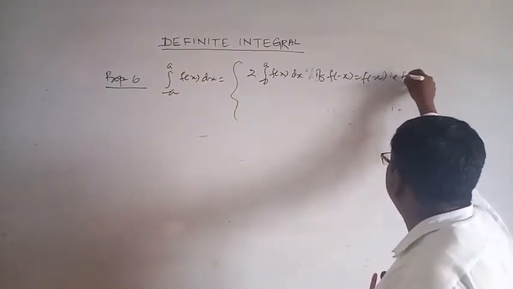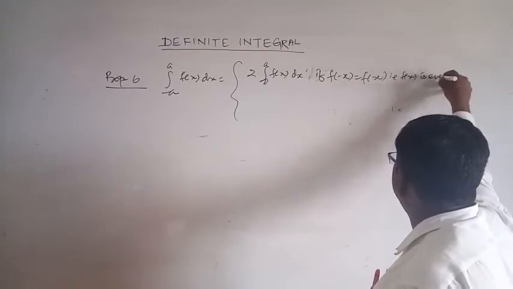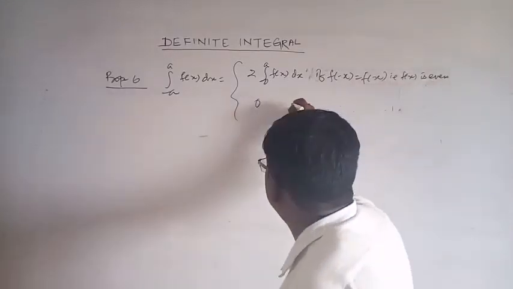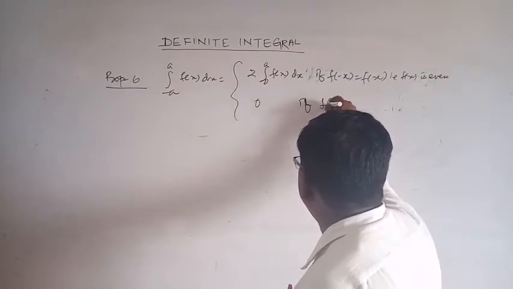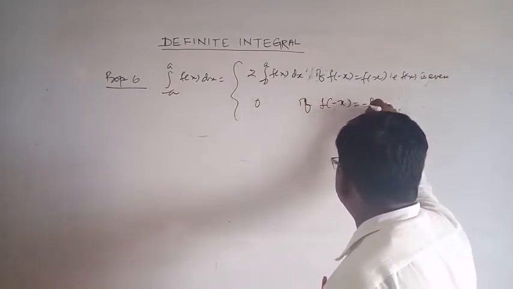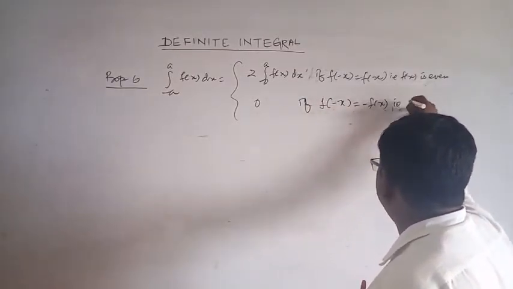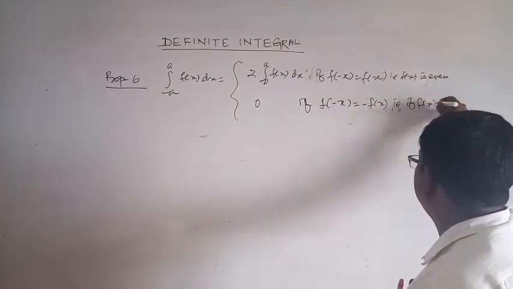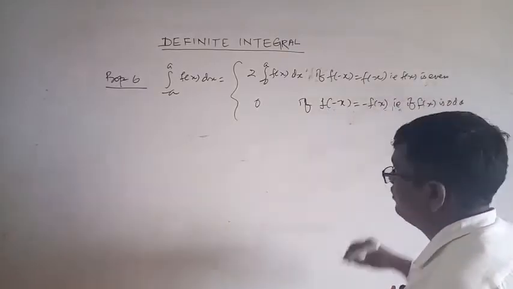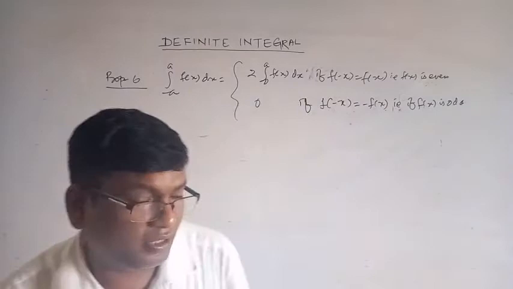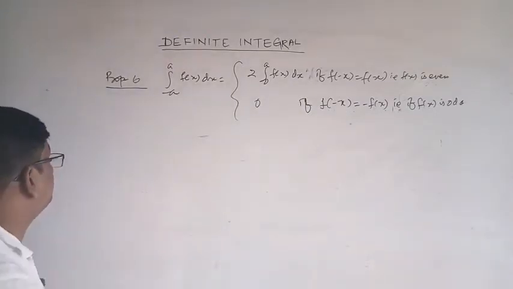It is 0 if f(minus x) is equal to minus f(x), that is, if f(x) is an odd function. This is property number 6.